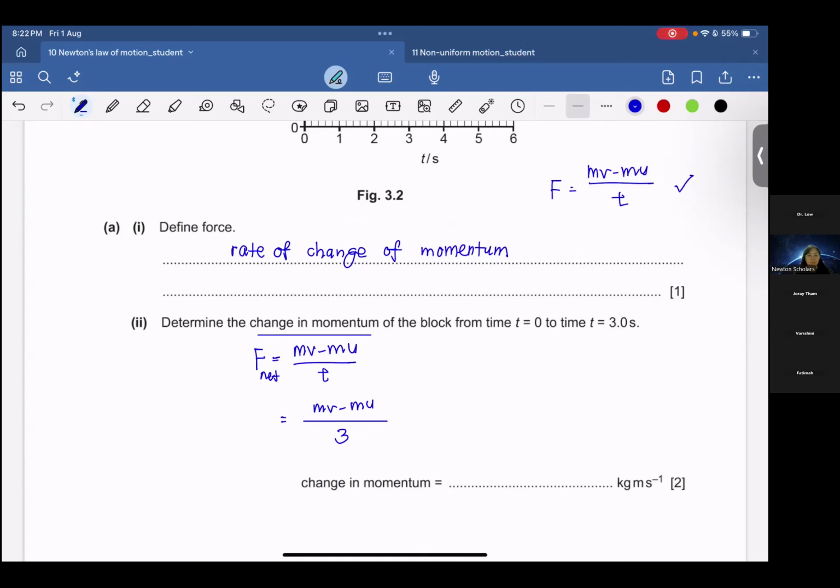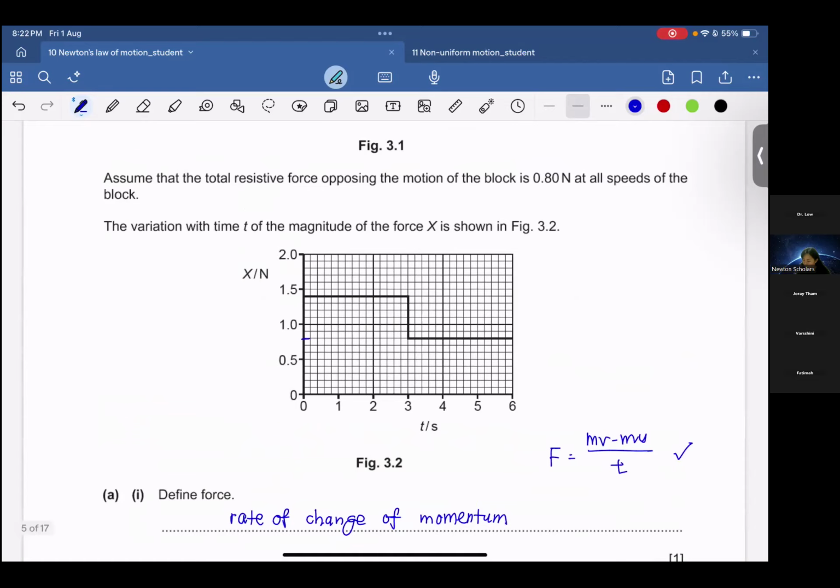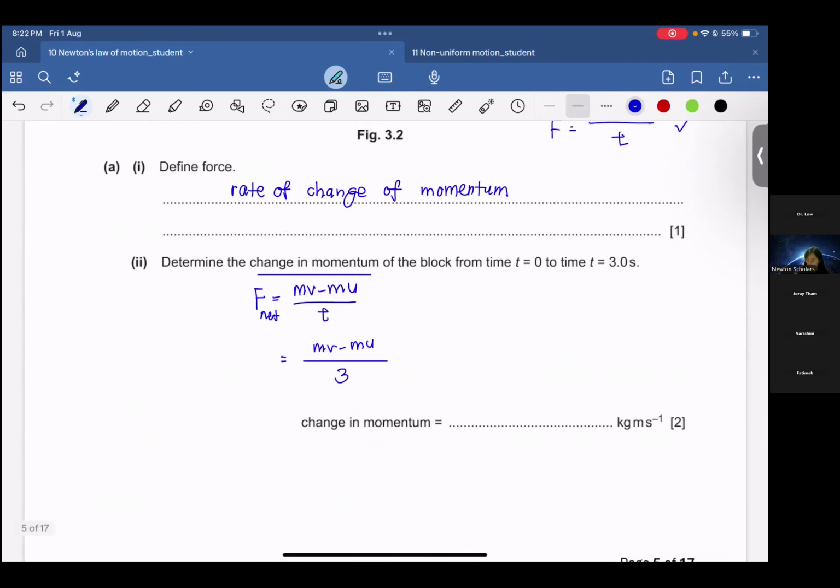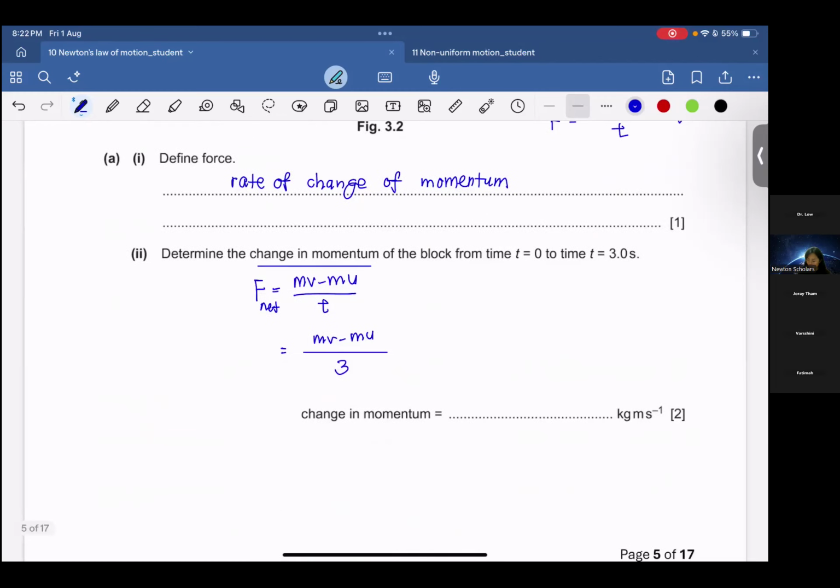Correct. Okay, F is the net force. So in 0 to 3 seconds, what is your net force? That's why just now I labeled it down. You see, in the first 3 seconds, the force here is 1.4 Newton. For net force, you should minus the resistive force. So here it should be 1.4 minus 0.8.